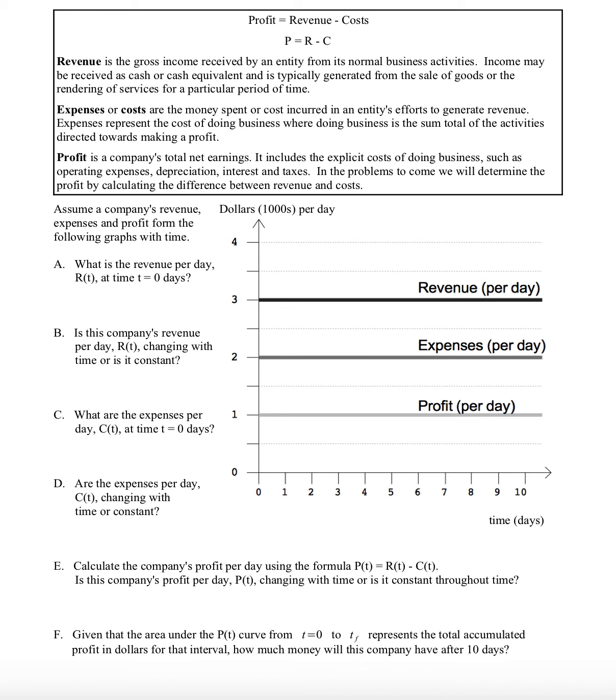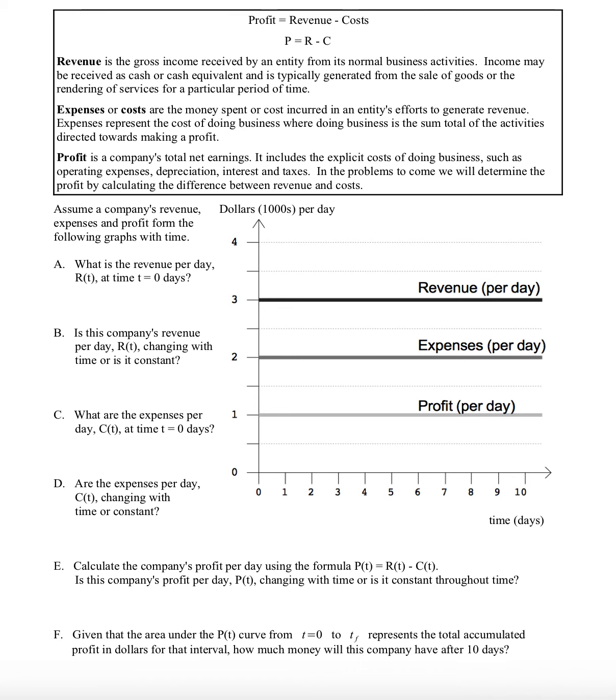Expenses and costs are used interchangeably. That would be the money spent or cost incurred in a business's efforts to generate revenue. Profit is the company's total net earnings. And so we have a formula that relates profit, revenue, and costs.